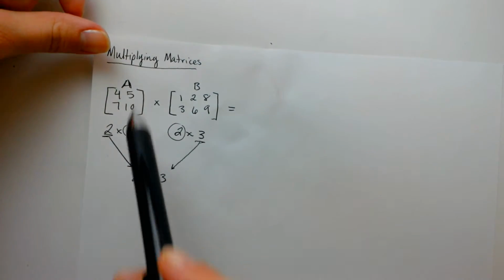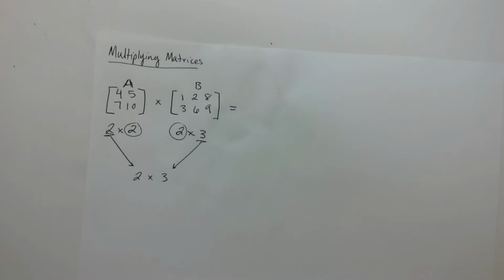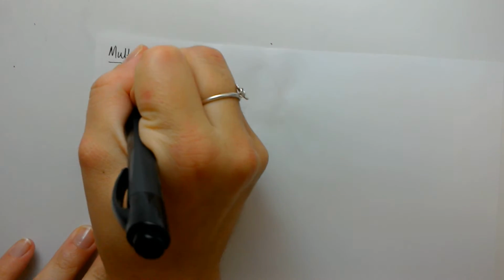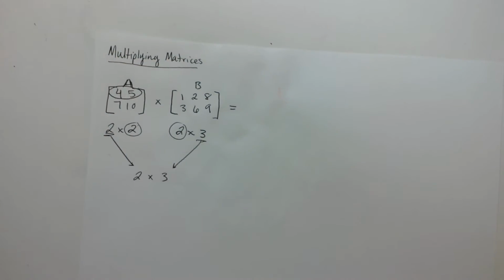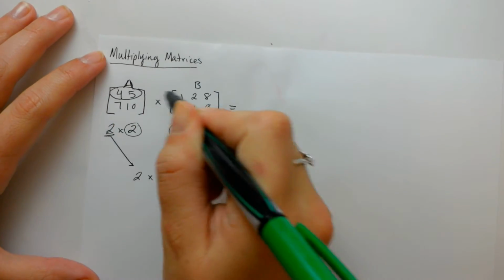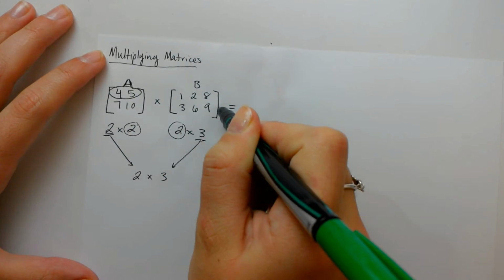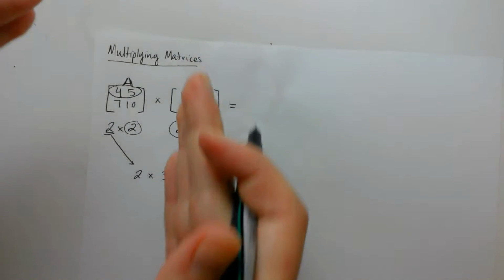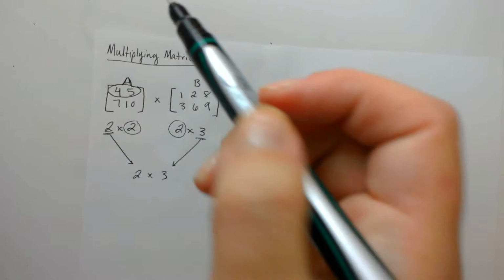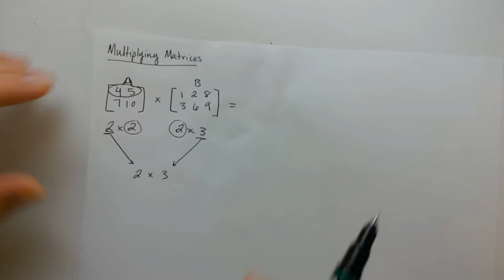So 4 and 5 are going to be right on top of each other this time. So instead, you're going to just multiply straight across. First, let's focus on this. Just ignore 7 and 10 for a little bit. You're going to multiply 4 across all the top numbers and 5 across all the bottom numbers because it's turning. So it's going to be 4 over 5, but not in a fraction.